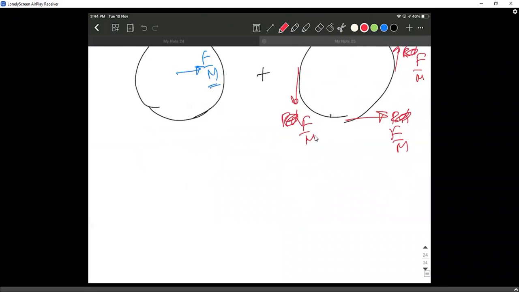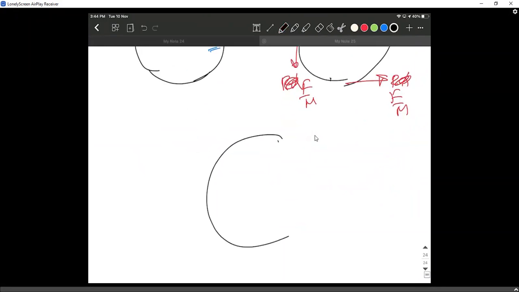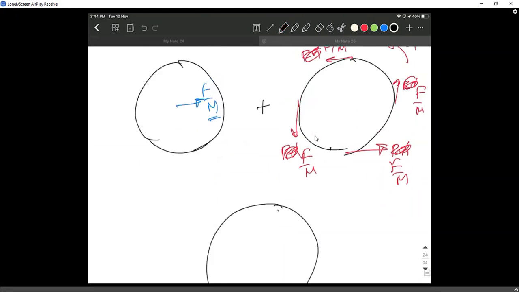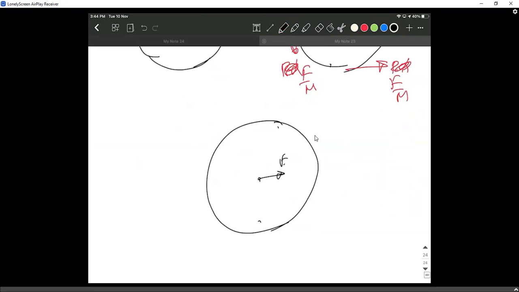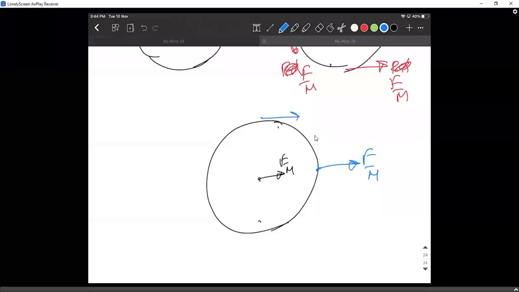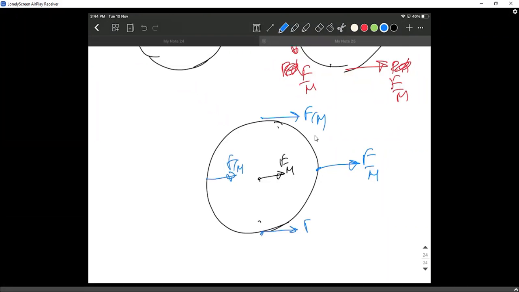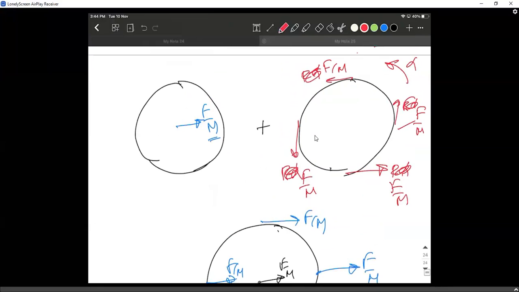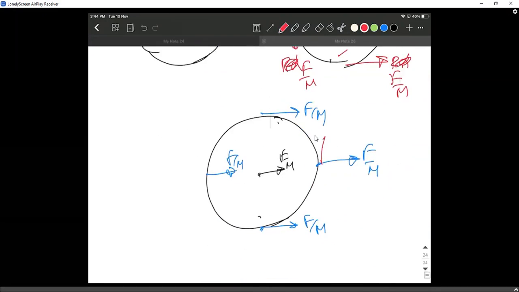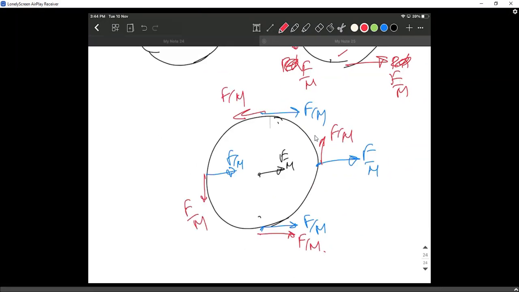When I combine the accelerations for both situations, all the points have F by M linearly. This is from the linear motion. And because of the angular motion, I'm going to add these four values, F by M at each point.